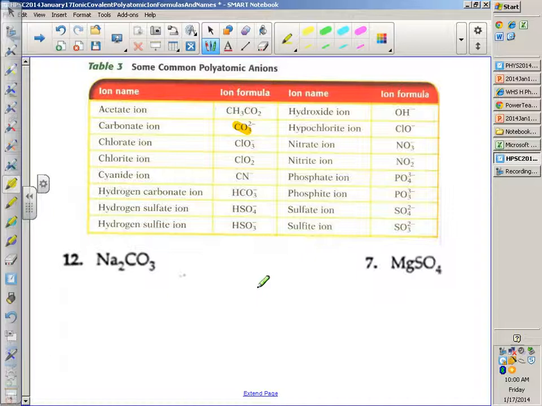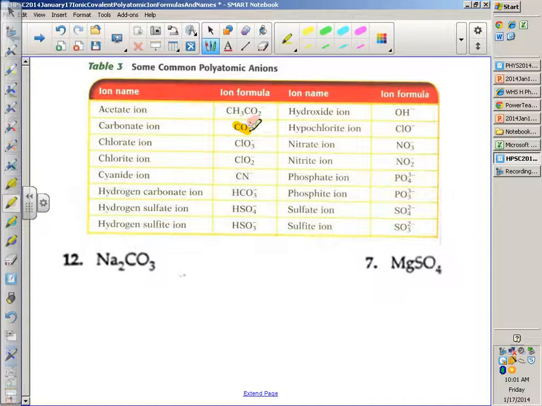But there isn't enough electrons there for everybody to have stable 8s, so they need to pick up some electrons from somewhere else. That's why it has the -2 charge. But because the carbon and the 3 oxygens are bonded together, they act like a group. And we call that group a polyatomic ion.